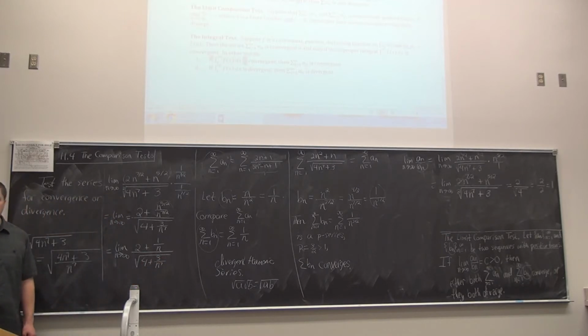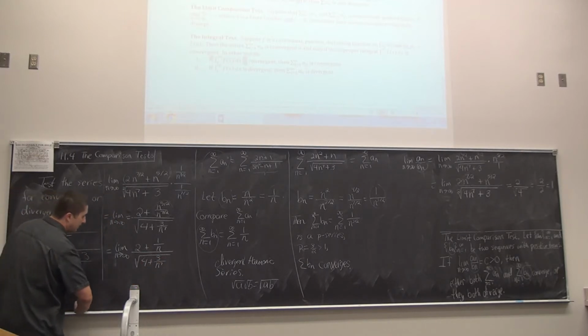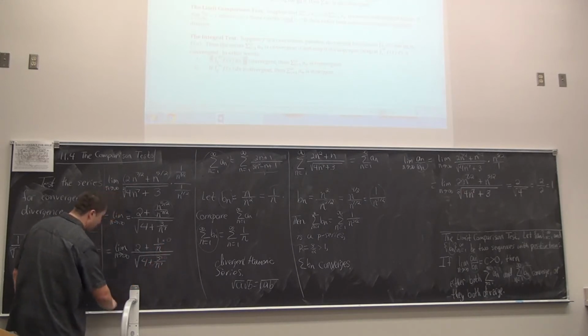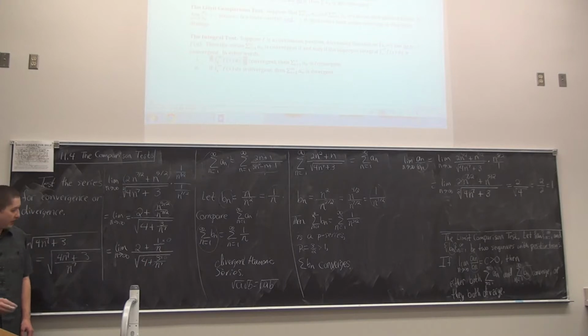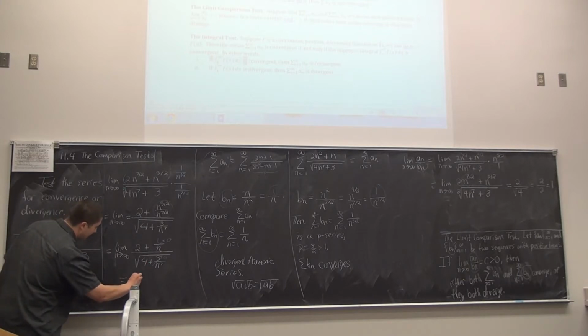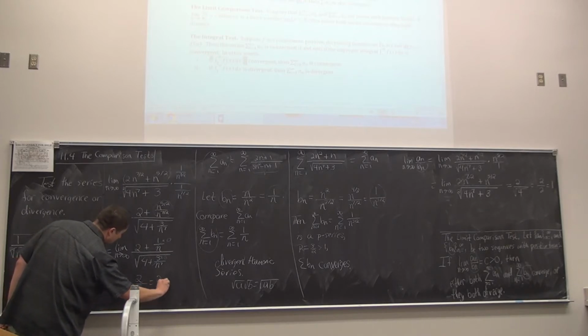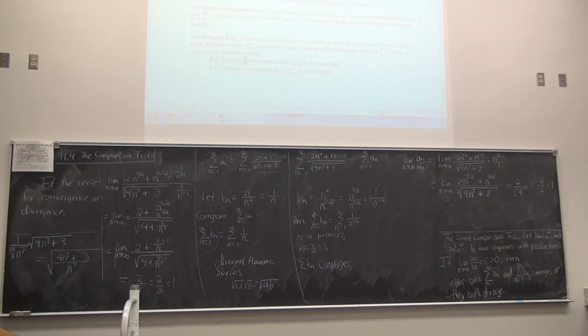But now we're letting n run off to infinity, and when that happens, this term will converge to 0, and so will this term, even though it's inside the root. So the whole thing finally, and this is our shortcut, becomes 2 over root 4, which is 2 halves, or 1. So that's the algebraic steps you can take to do that limit. Any questions about them?